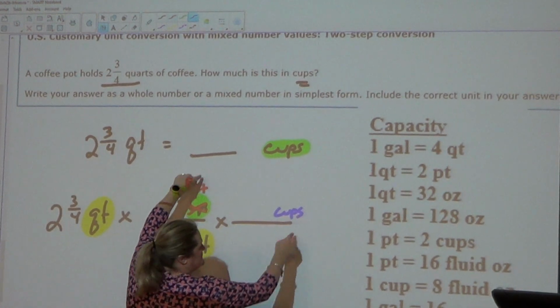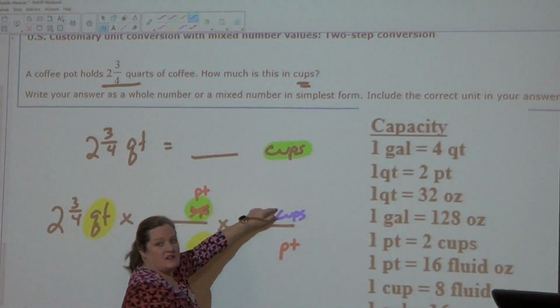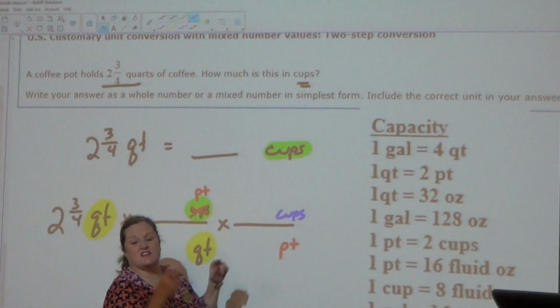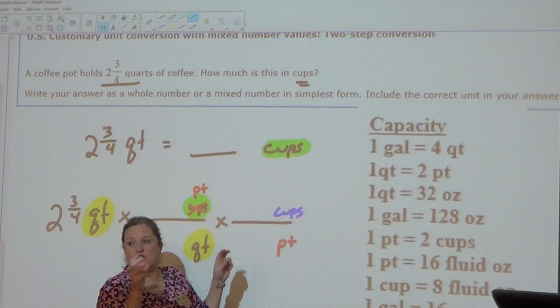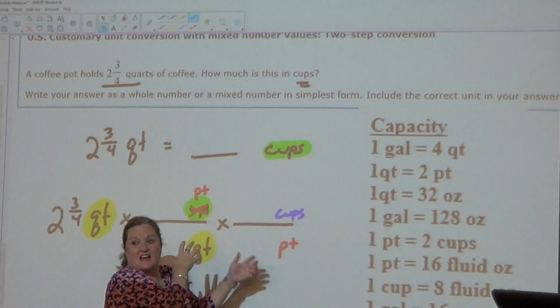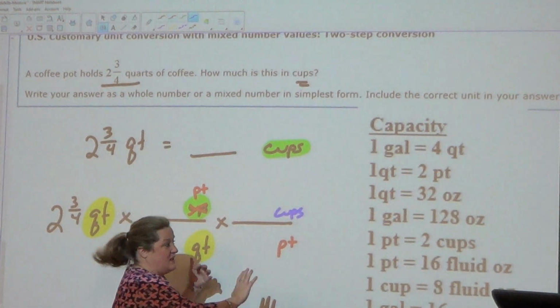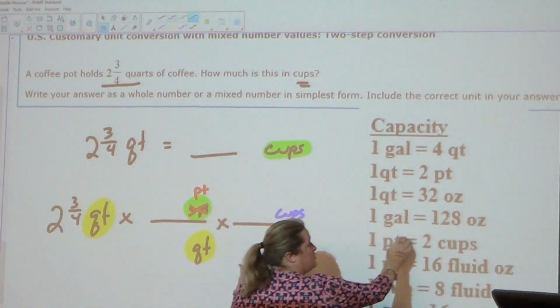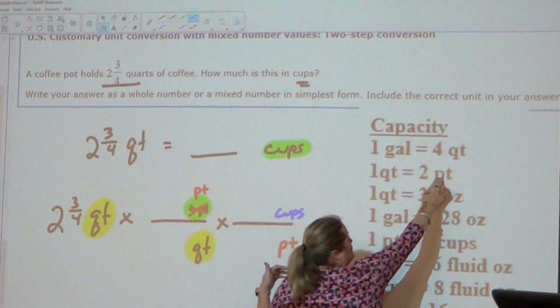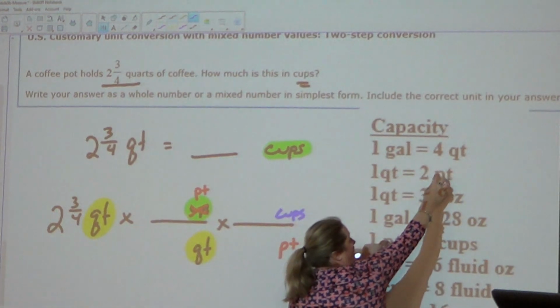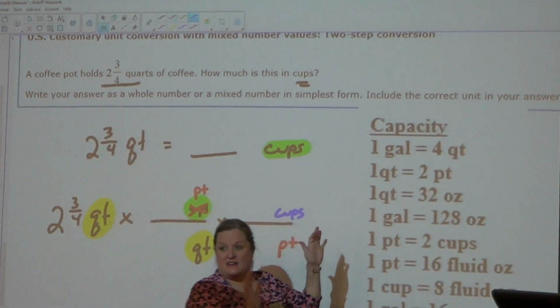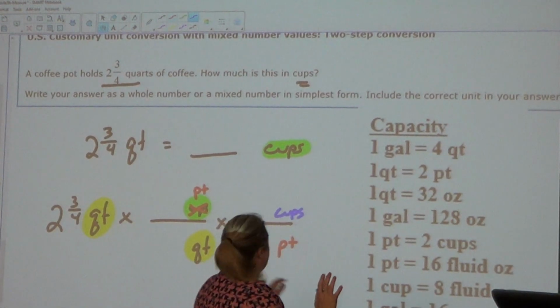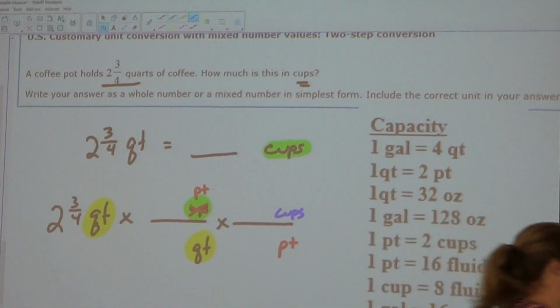My pints disappear and turn into cups. So I had to do two something-somethings because I had to use a middleman that connected the two. Cups knew pints and pints knew quarts, so I used pints to get me to the two that I needed. Okay, so there's two something-somethings I got going on.